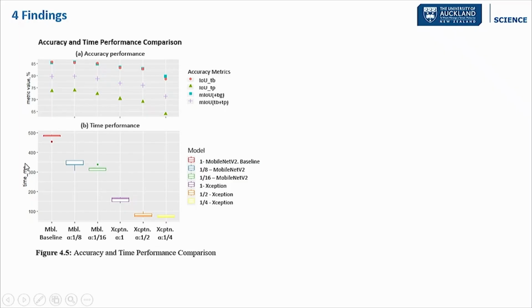When it came to the time performance, I just didn't understand what the time was. Is that minutes? It's actually milliseconds. The metric here for the time is the time to do each prediction, each inference.